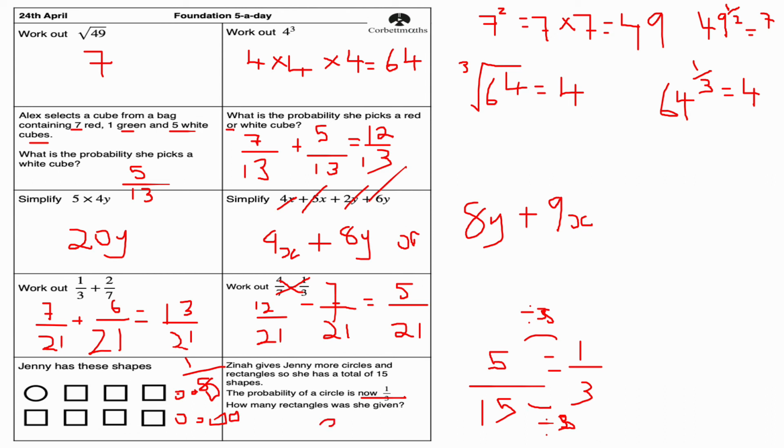So the correct answer should be 3. I tried to make 3/15 equal to 1/3, which was not correct. 1/3 equals 5/15, so it's 5 circles in total. So 4 extra circles were given to Jenny and 3 extra rectangles, to make 15 shapes in total. So 3 extra rectangles were given.